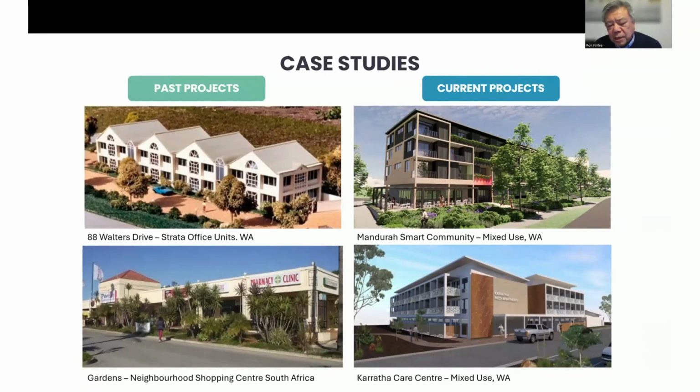And we are speaking to potential ESG institutional funds. I've got meetings with them next Wednesday to see how we can progress a collaboration further. The one below is still very early stages, but it's in Karratha. It's also a mixed-use development, and similarly, it will be based on ESG principles.